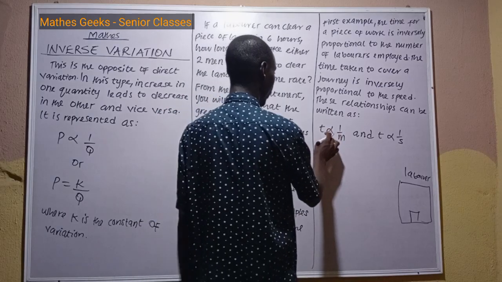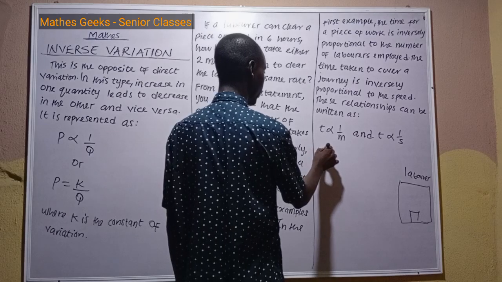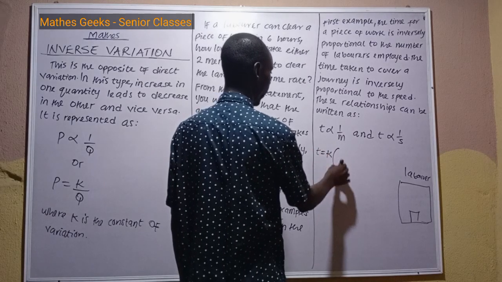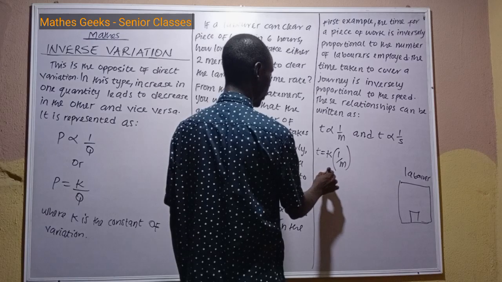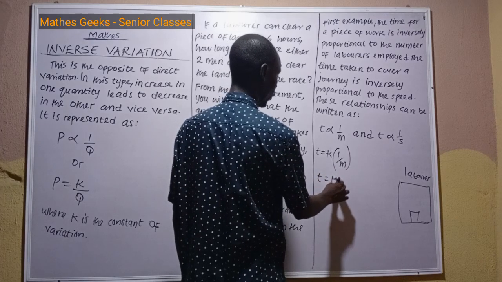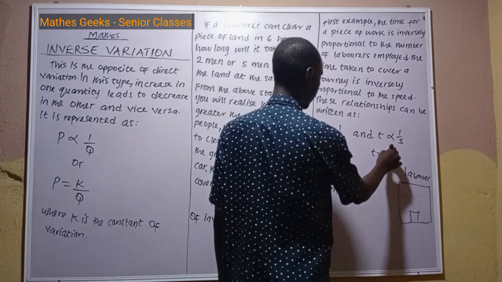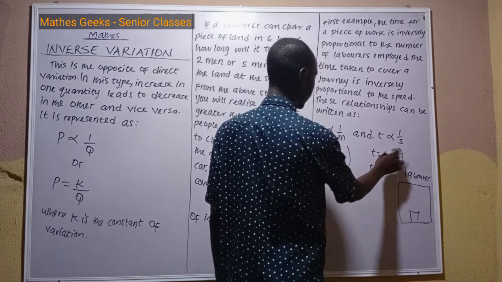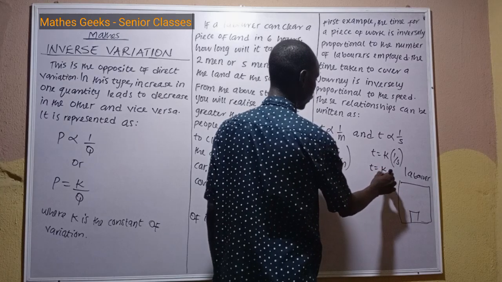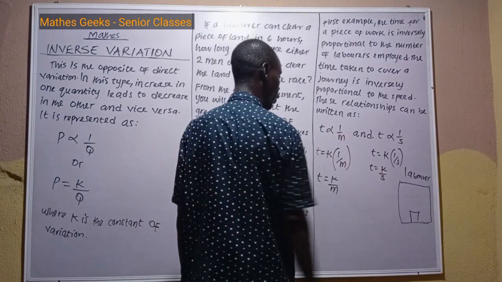So if we introduce our equality sign and our constant of proportionality, T will be equal to K times 1 over M, and K times 1 is K, that will give us K over M. And the same thing here, T is equal to K times 1 over S, which is K over S. So this is the way we represent inverse variation in equation form.